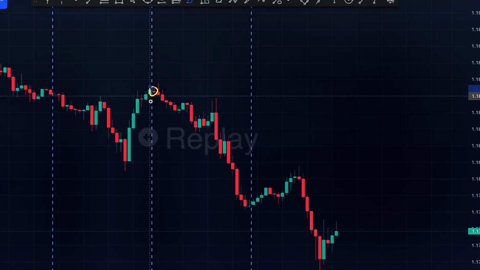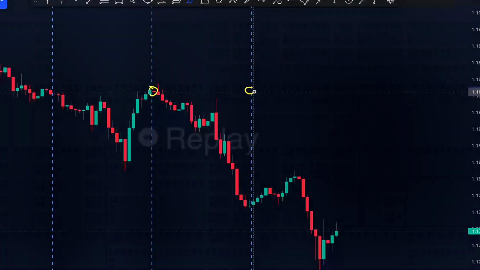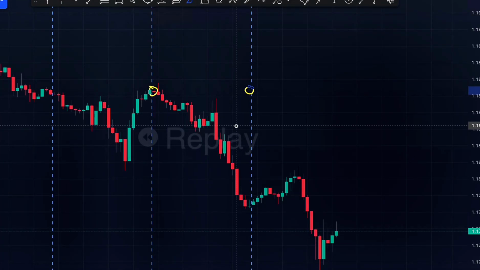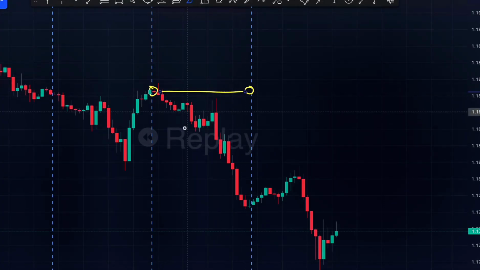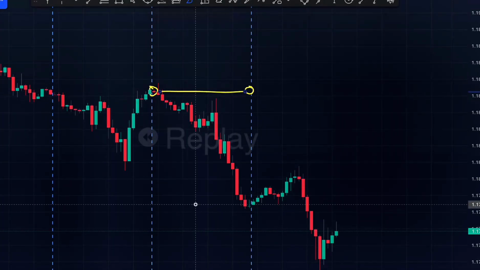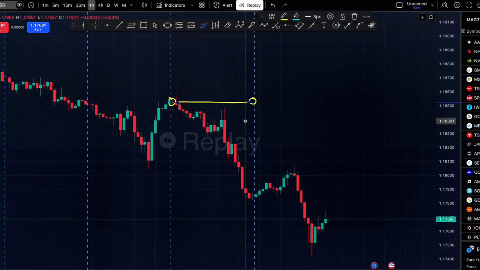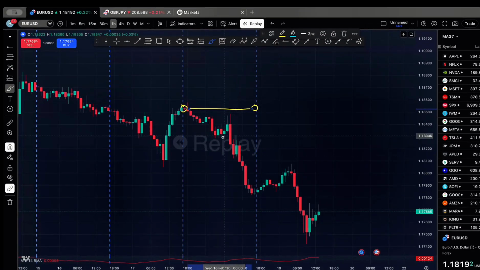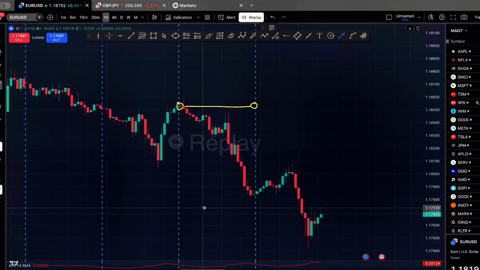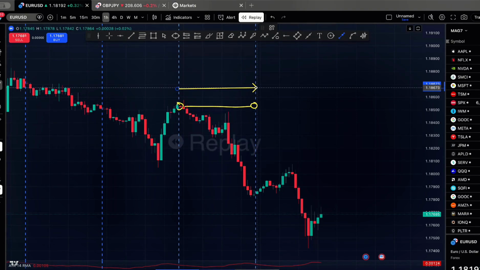This is a New York close and the New York close here. That means between here and here, we have 3 sessions: the Asia session, the London session, and the New York session inside this interval. From this point to this point, we have 3 sessions.